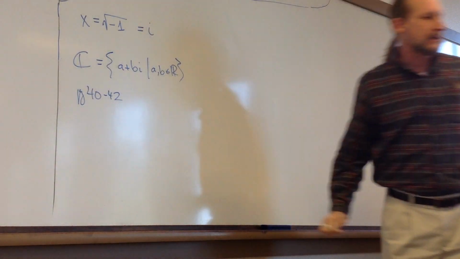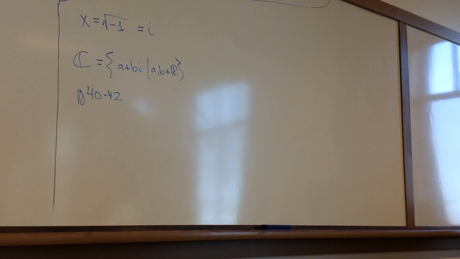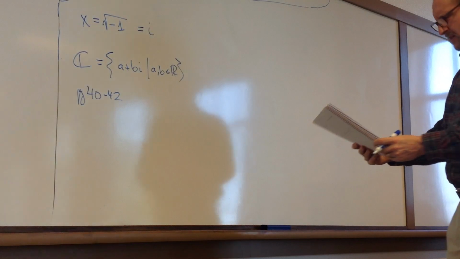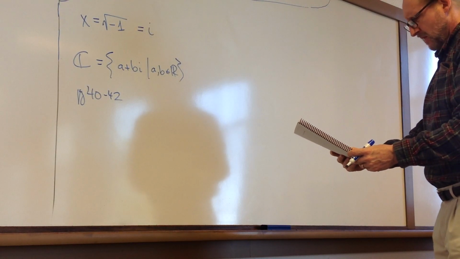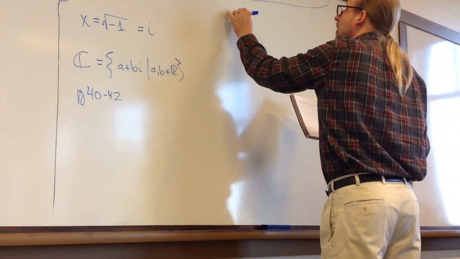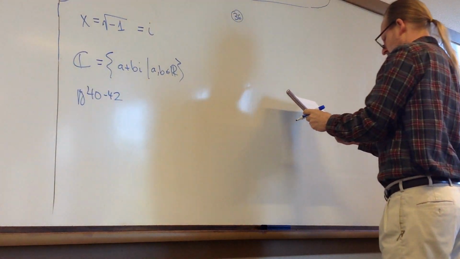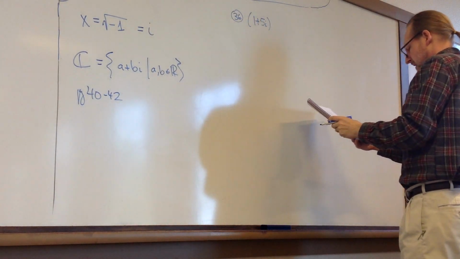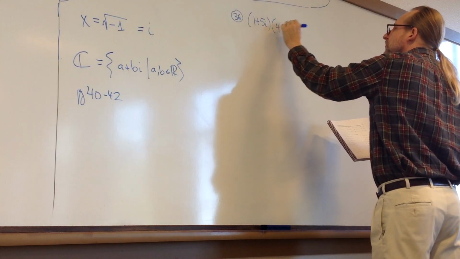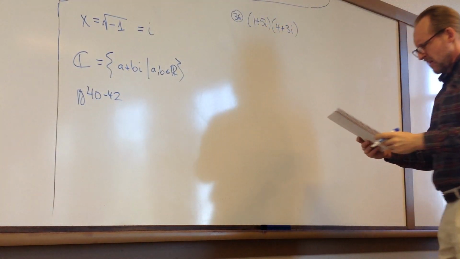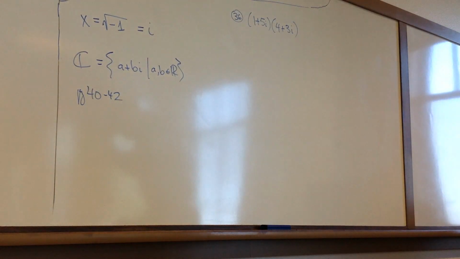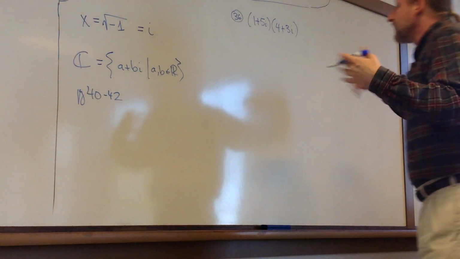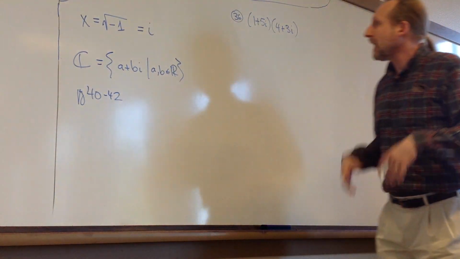All right. Now that we know that, let's look at some more tricky problems here. Let's look at problem 36. This is 1 plus 5i times 4 plus 3i. So, like I was saying a minute ago, this works very much the way that algebra does.